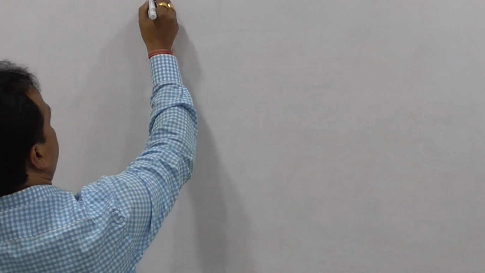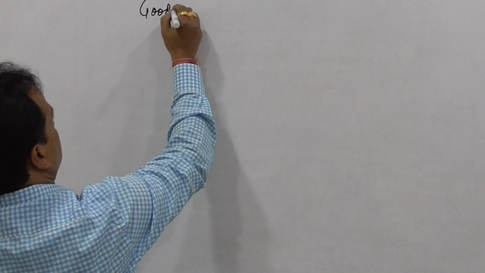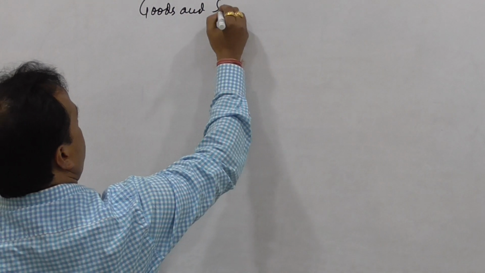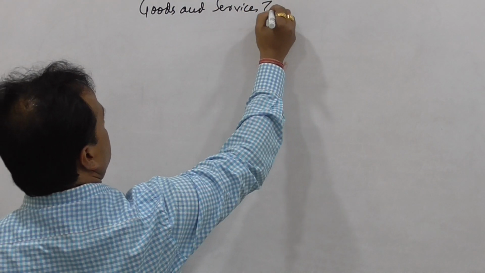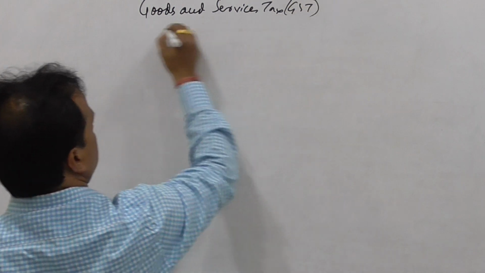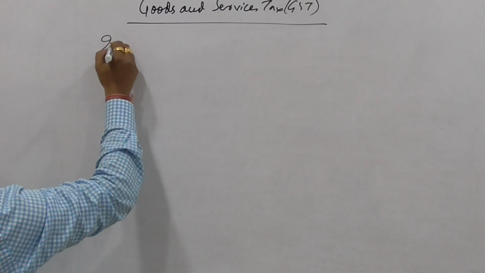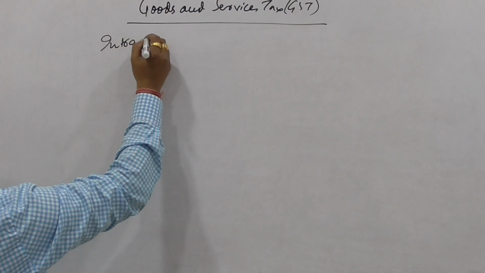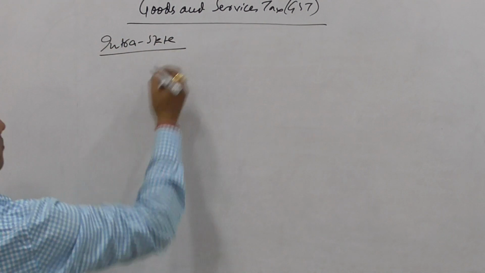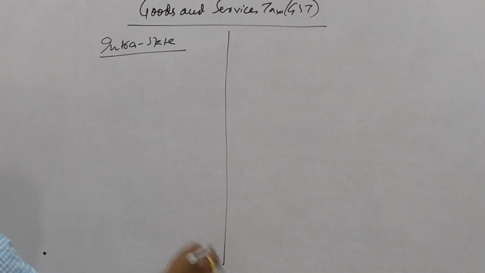We talk about this one. Goods and services tax. What happens today? Let's say intrastate. I gave an example still once again.